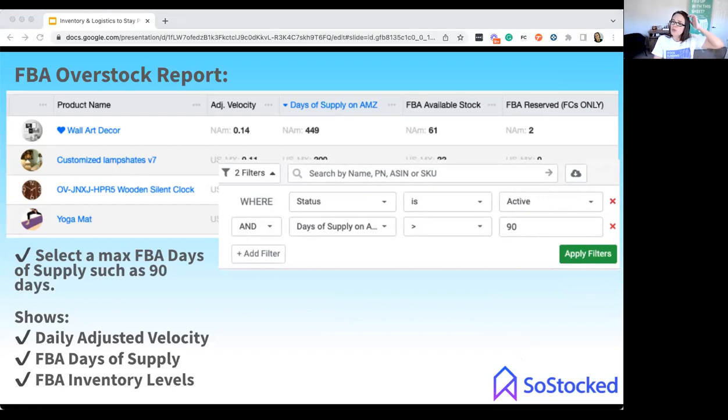This report is used to help you to isolate a few things. You want to be able to clear space, you want to be able to avoid excess inventory fees, but you can also use it, like I mentioned, to boost restock limits. If you have excess inventory, you can increase the sales velocity, throw a flash sale, and boost restock limits.